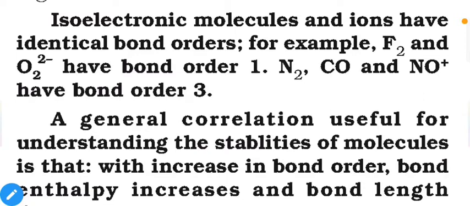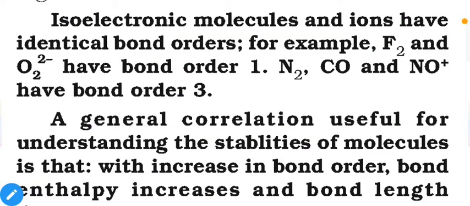One fluorine contains 9 electrons, so two fluorines contain a total of 18 electrons. In case of O2, one oxygen contains 8 electrons, so two oxygens will have a total of 16 electrons, and it carries a 2 minus charge. That means you have to add 2 more electrons, so the total number of electrons will be 18.